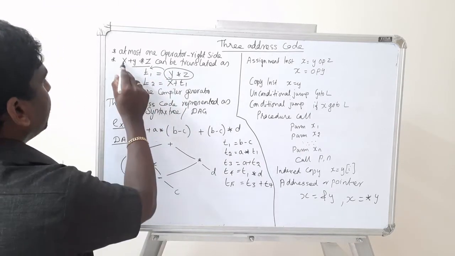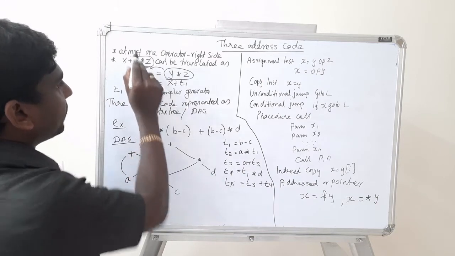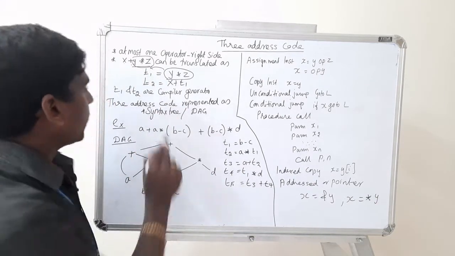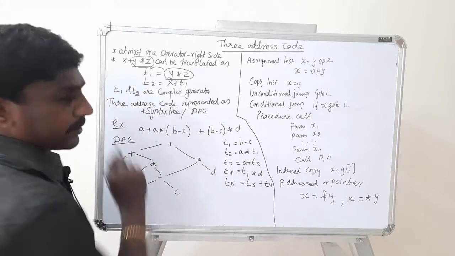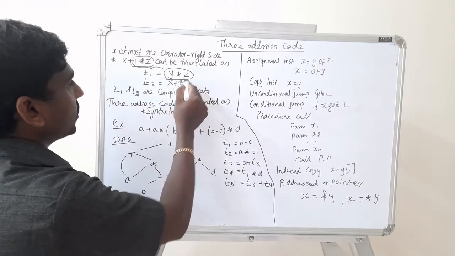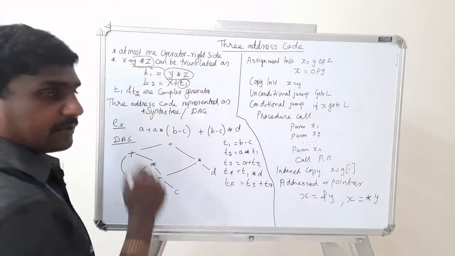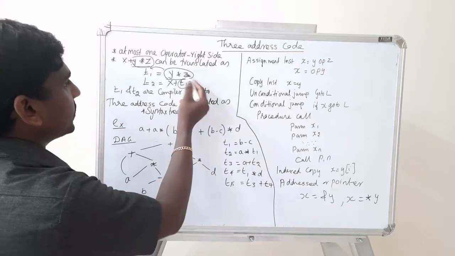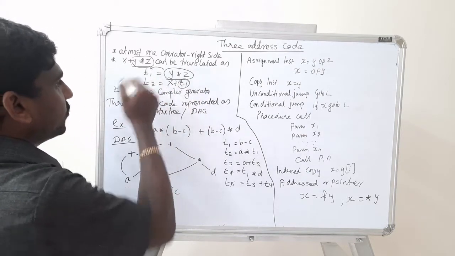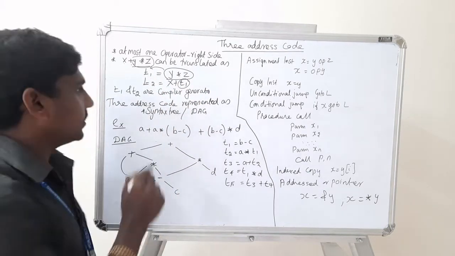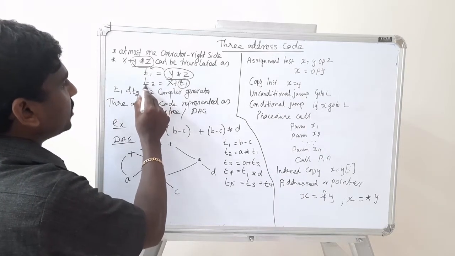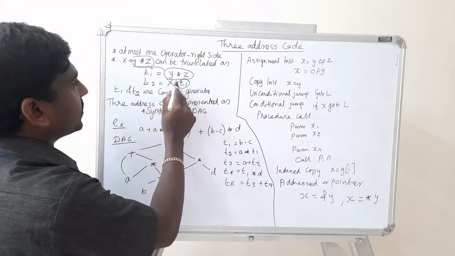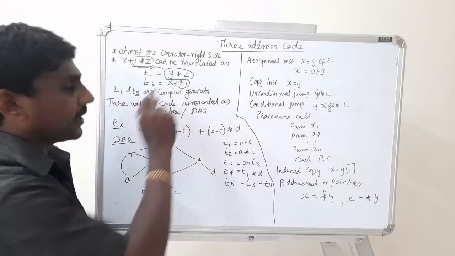Then T2 is x plus T1, because y star z is already saved in T1.